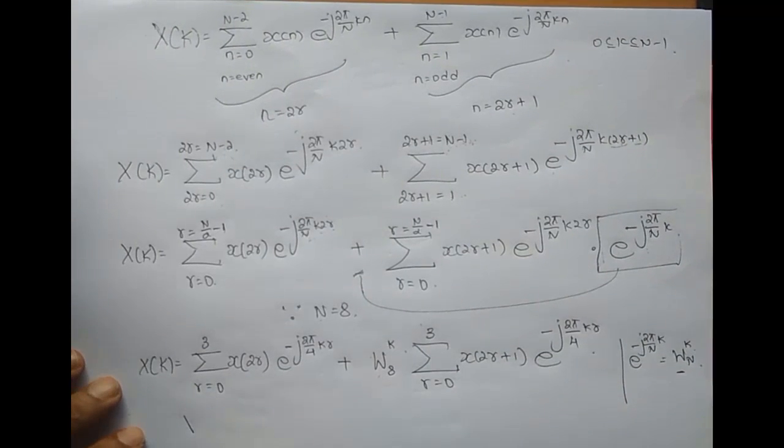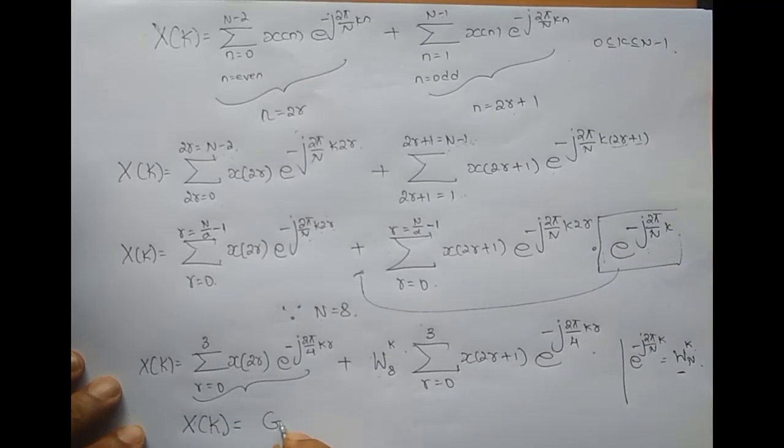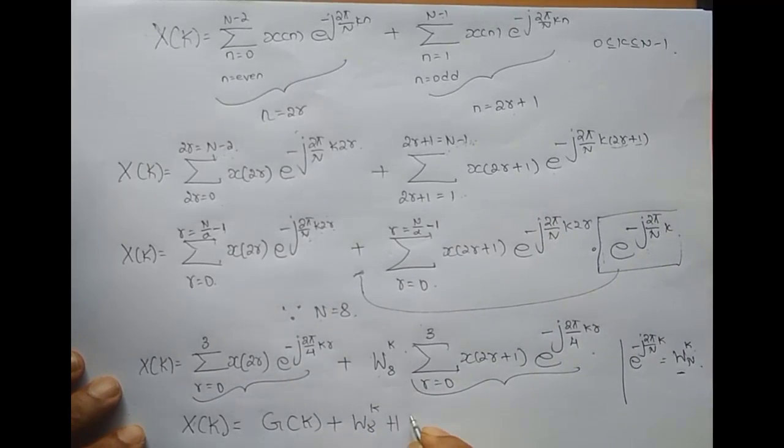Now I can write x of k is equal to this entire thing, which I will call g of k, plus w8 power k into this entire thing, which I will call h of k, where k here is varying from 0 to what? 0 to 3. Why 0 to 3?